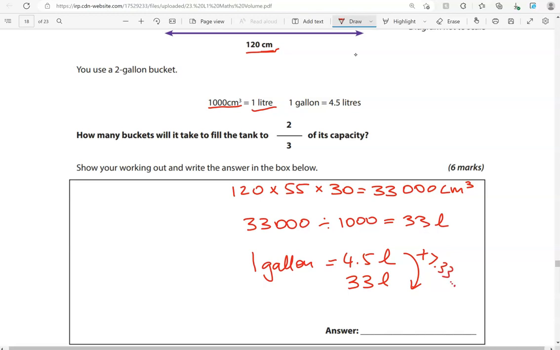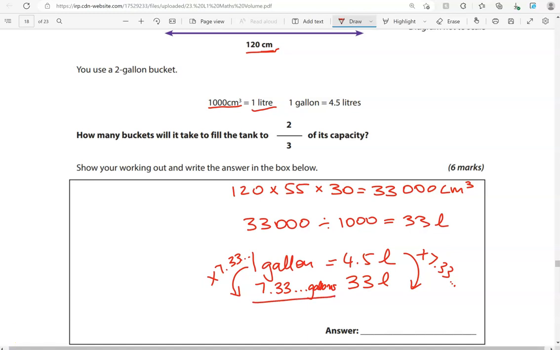So 3 is recurring. So we'll do the same here now, which gives us the number itself, which is 7.33 gallons. That is the full capacity.